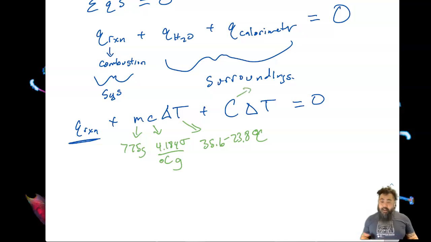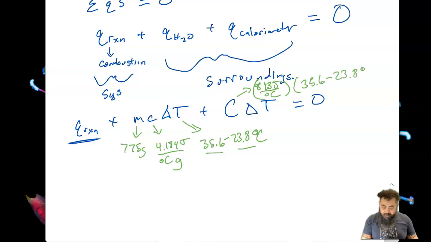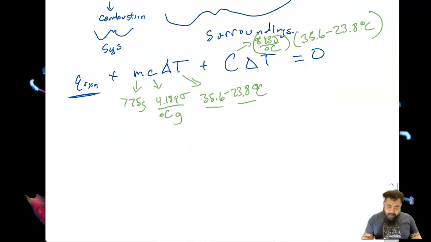Our capital C on here is given to us as 893 joules per degree Celsius, and then we're going to multiply that by the same temperature, final minus initial. So our delta T is 35.6 minus 23.8 degrees Celsius. We can go ahead and calculate this out.